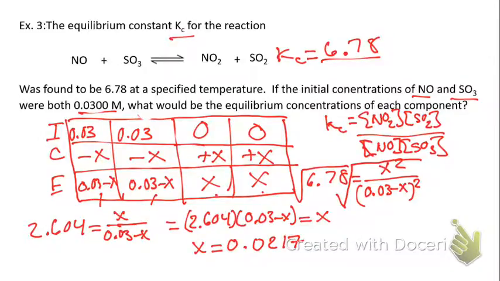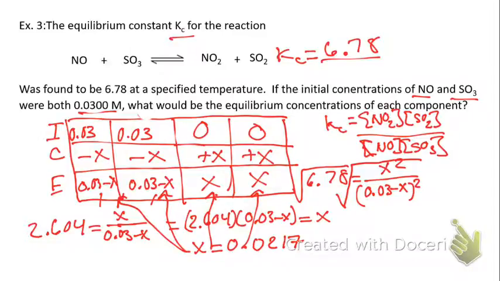Make sure that you can do the math and get the same x value that I do. So now we know what x is. We just need to plug x into each one of our places in the equilibrium ICE box.